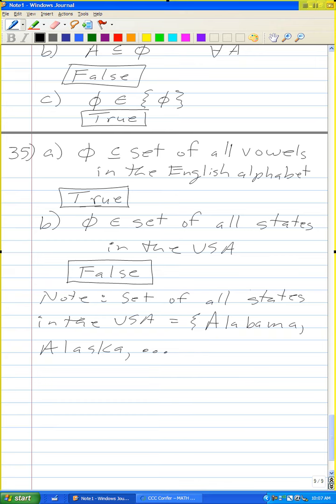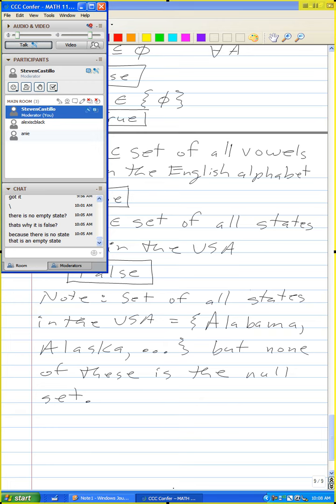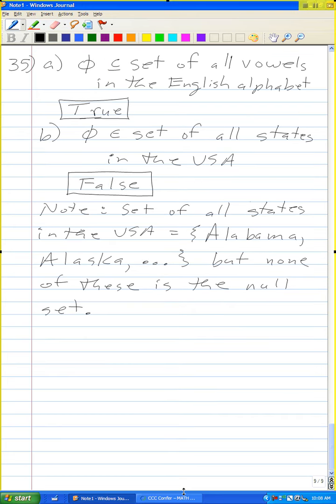All these states, right? But none of them is the empty set, the null set. The null set is not a state in the United States. Yep, that is correct, because there's no state in the United States that's the empty set.